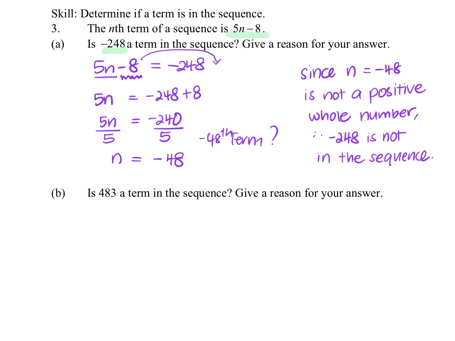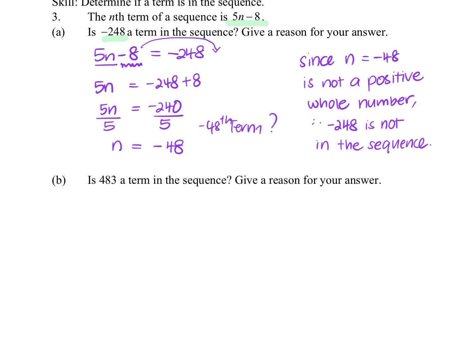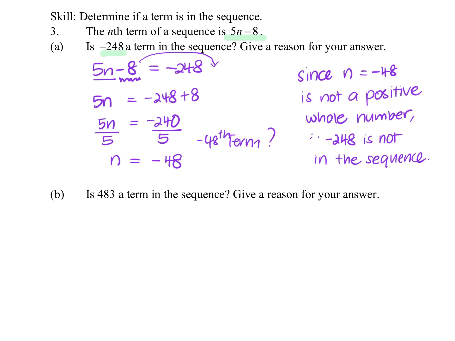Right, let's try something similar again. One more question over here, same formula, 5n minus 8. They give you that the end result is the number 483. We're going to find what is n. Okay, so I'm going to keep 5n, don't want the number negative 8. So for 483, the opposite of subtraction will be addition, so plus 8.